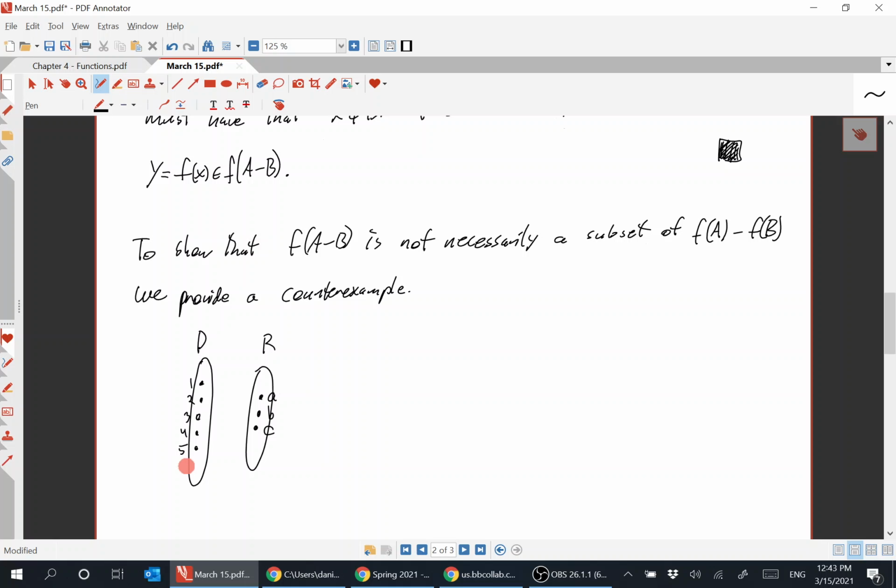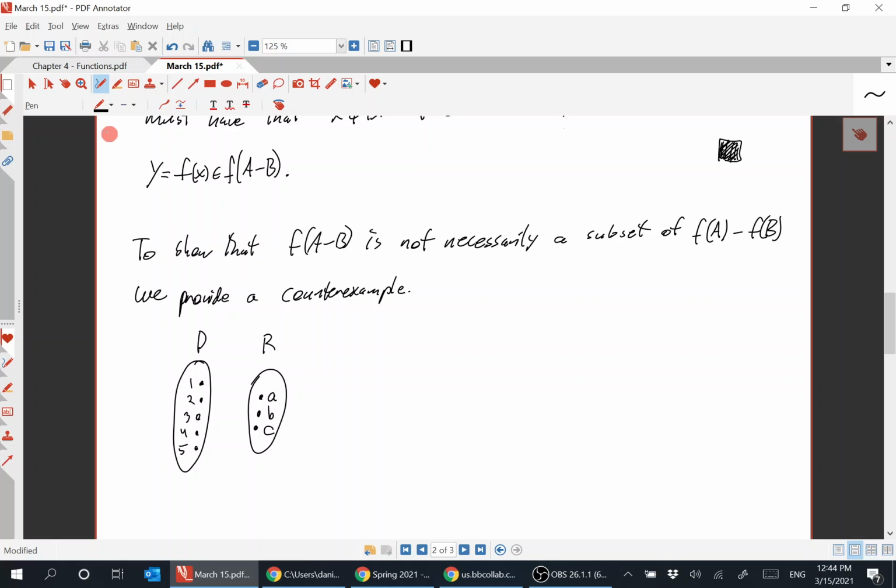Probably don't need that big a domain. We'll just take 5 elements in the domain, 3 elements in the range. We want to show that this is not necessarily a subset of this. Well, one way to ensure that would be to make this empty, the image of A minus the image of B. If we made that empty and then this non-empty, then we'd be okay.